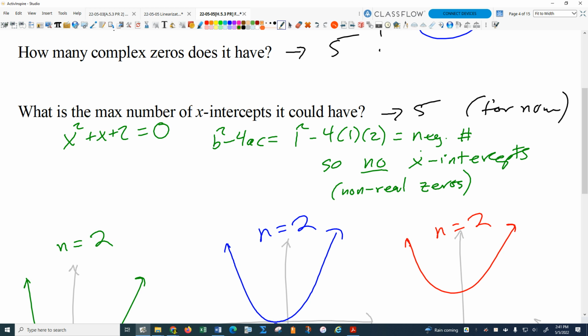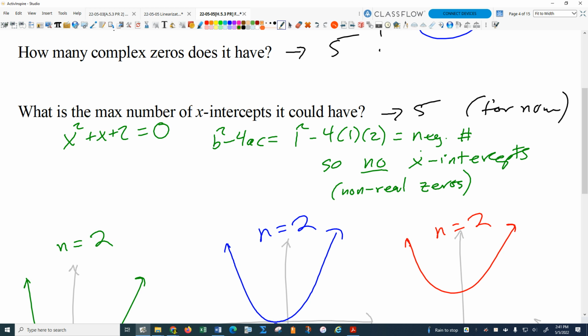The only way I could get non-real solutions would be if I had a negative number inside the square root, okay? But that means if I'm using the quadratic formula, there's a plus and a minus in the quadratic formula. So I'm always getting back 2 imaginary solutions at the same time. They always come in packets of 2 or in pairs, right?